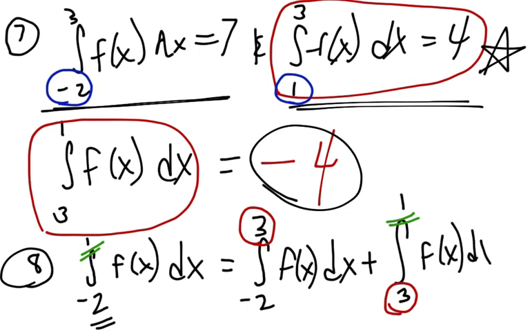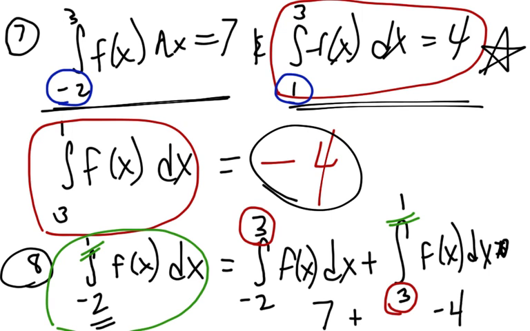We can add these two integrals to get the result of the -2 to 1. And so the -2 to 3 integral equals 7 plus the 3 to 1 integral is -4. So the overall result here is 3.